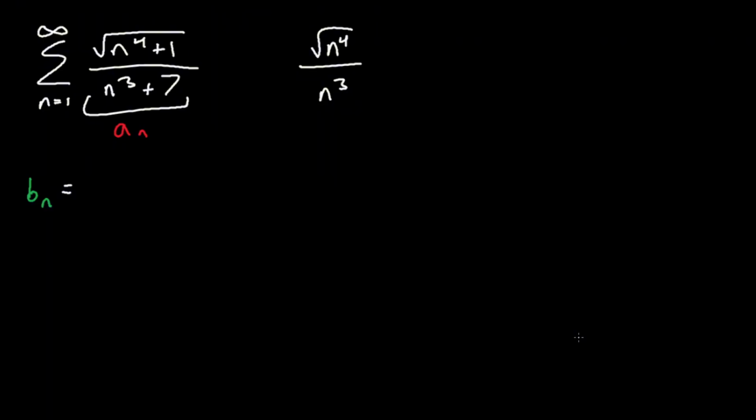Plus 1 up into infinity really does nothing, so we just ignore it. N to the fourth is the only thing we are worrying about. This actually simplifies into n squared over n to the power of 3, and this simplifies even further into 1 over n. So we want to use 1 over n as our b of n series.